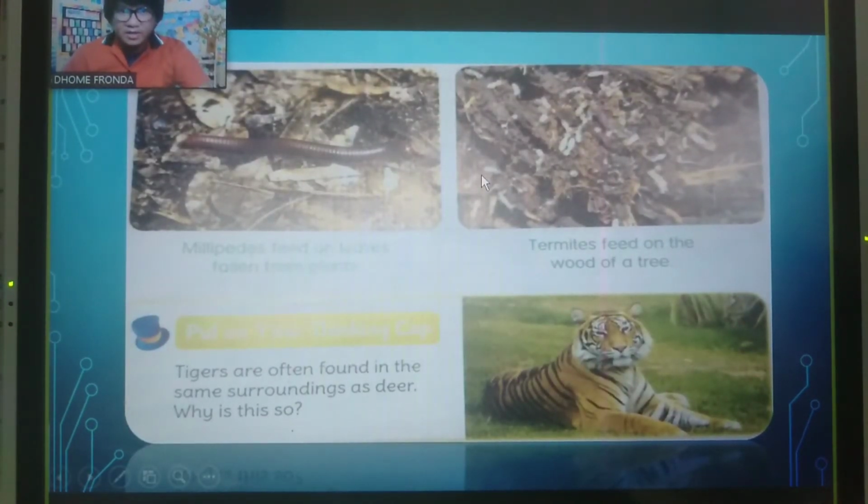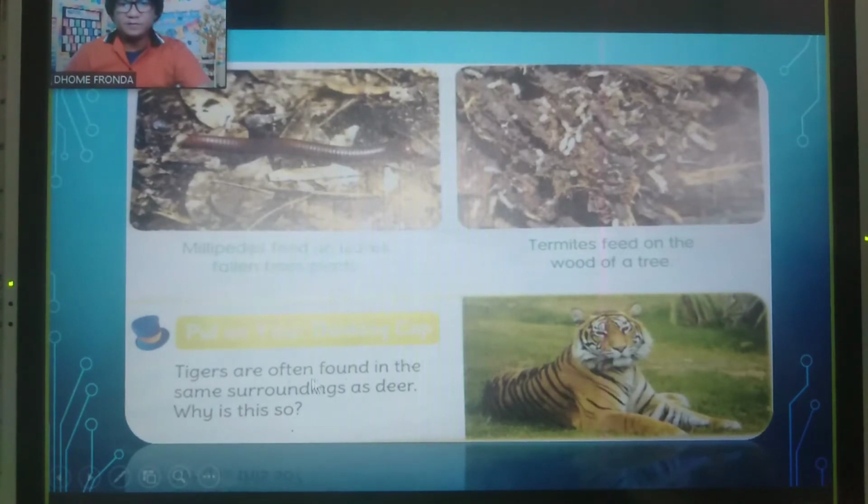These animals like millipedes feed on leaves fallen from plants, and the termites feed on the wood of a tree. You can see the termites here. They look like very big ants, and this one is the millipede. So how about this one, the tiger?